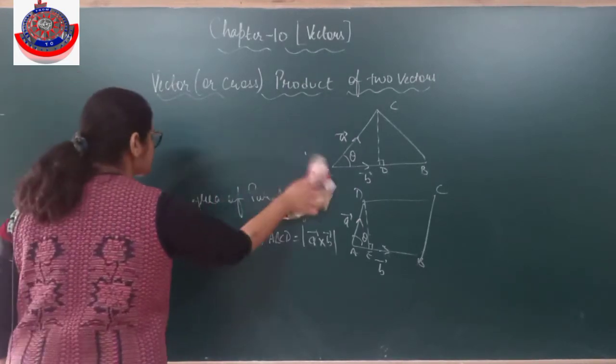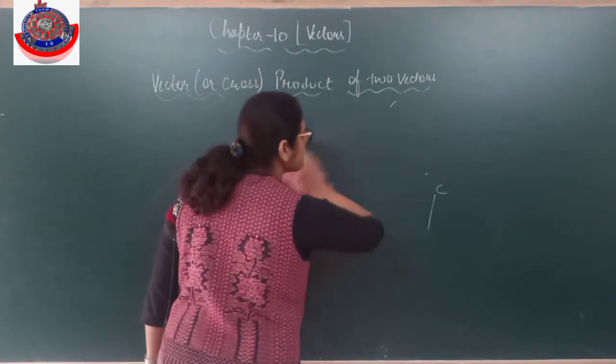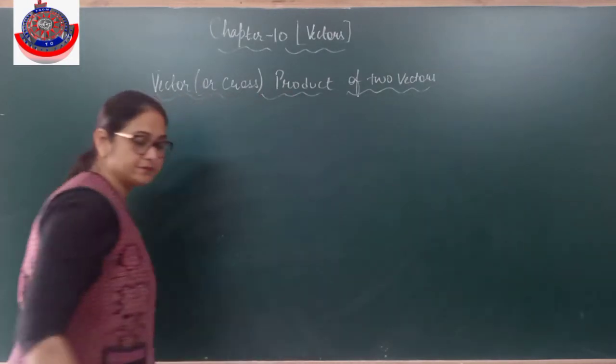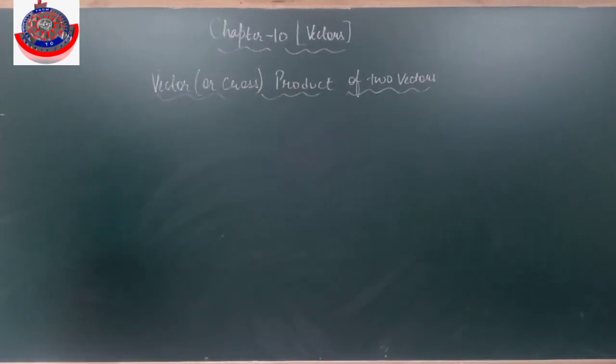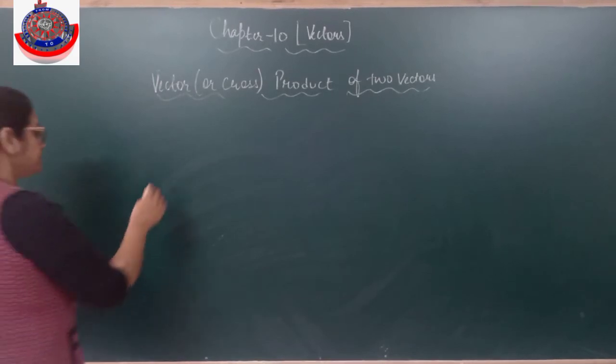The next point, children, very important points these are. Distributivity of vector product over addition.